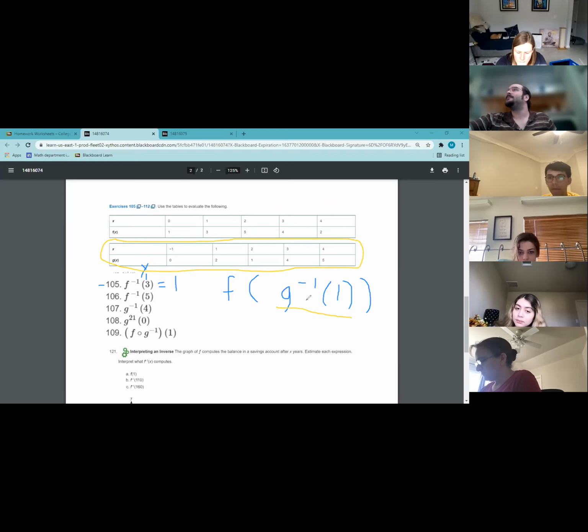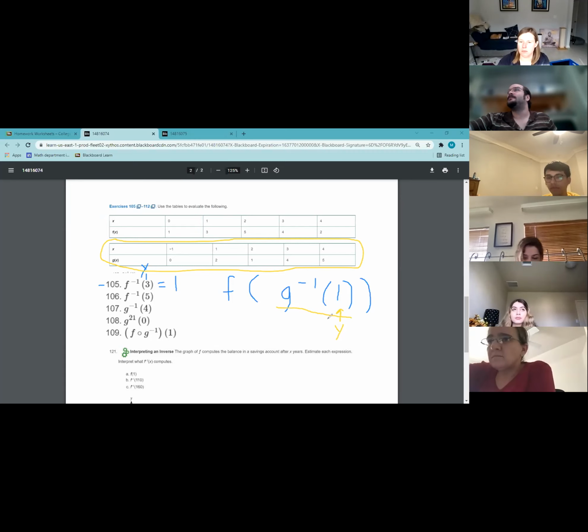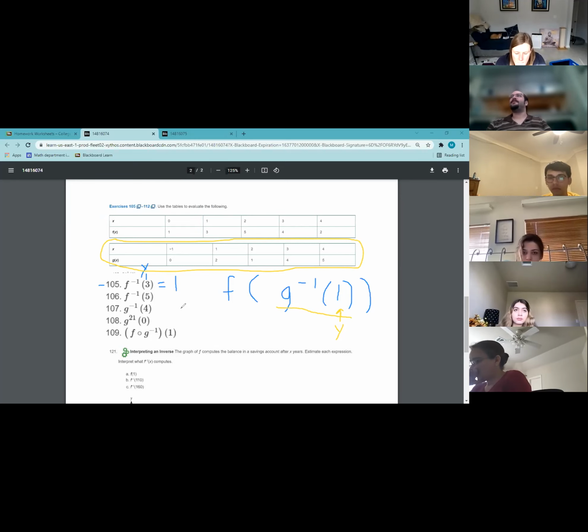X? Ooh, inverses, I'm plugging in what? Oh, y. This is a y value here. So I'm looking at my G table when my y is 1. Do you see where that is? Two. It's on the third slot. Yeah, right in here.